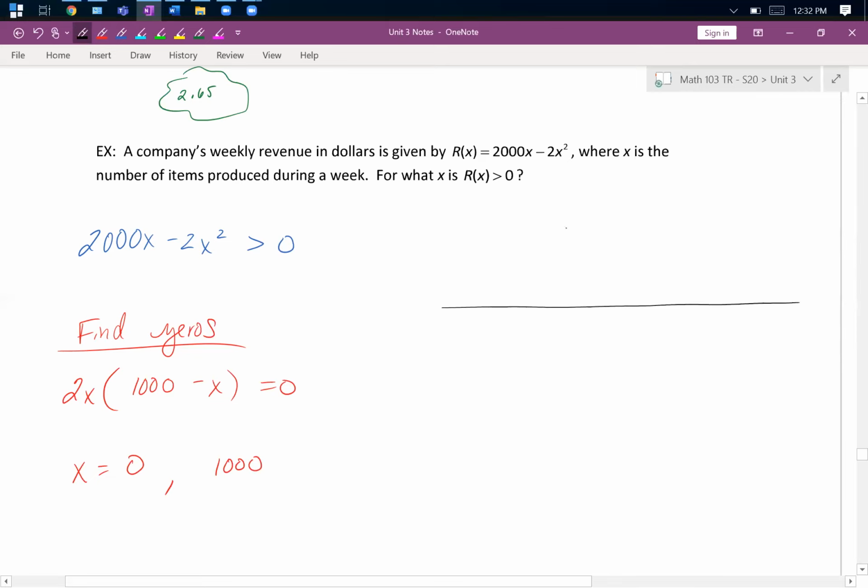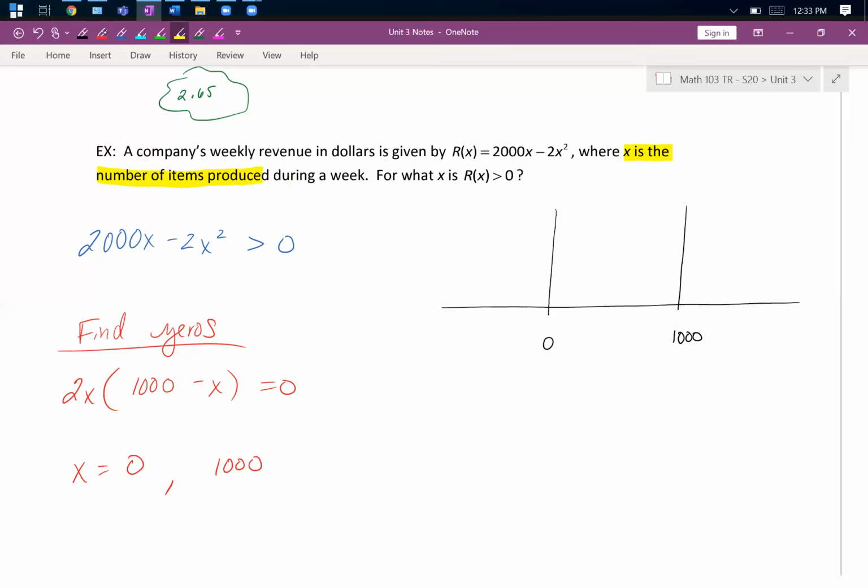I'm going to take my number line and break it up at 0 and 1000. What did x represent for the context of this application? Items produced a week. The number of items produced. So we've got these 3 intervals.